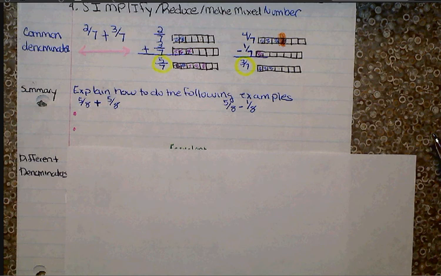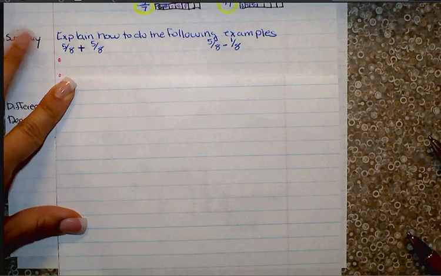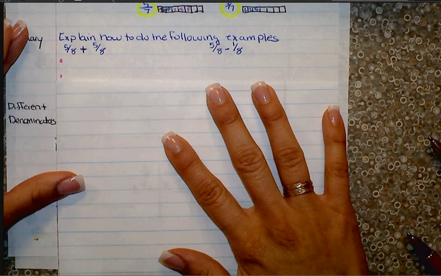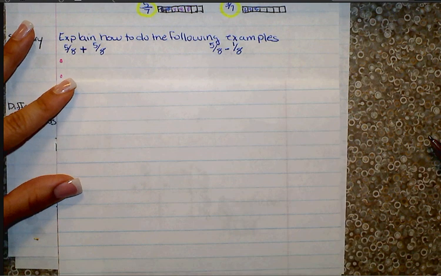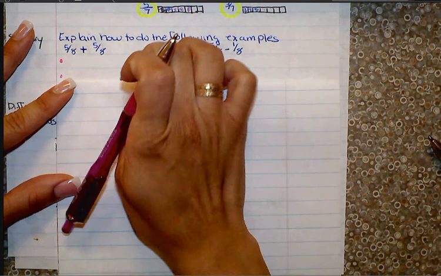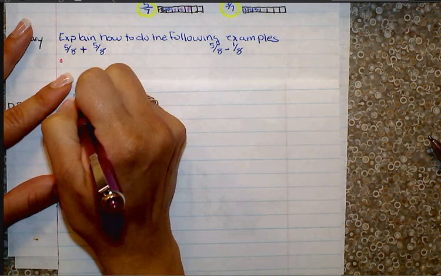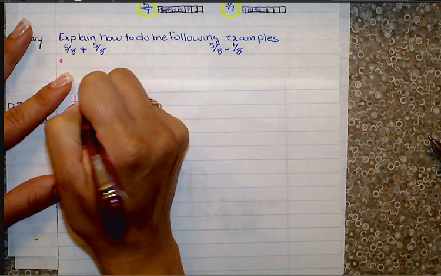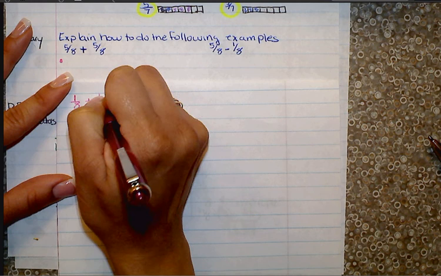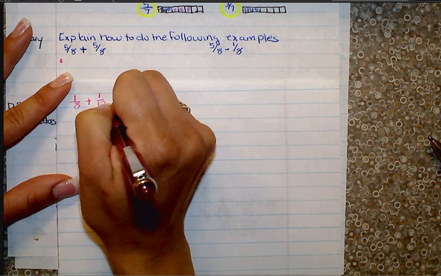So we have different denominators, 1/8 and 1/12. Okay, we're ready? All right. So moving on, let's do some examples with different denominators. My first example is 1/8 plus 1/12.